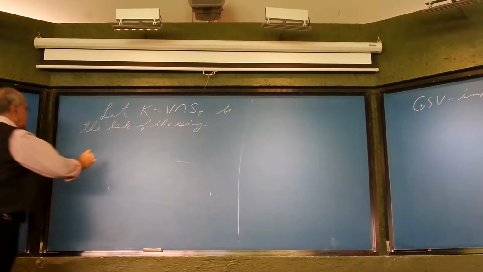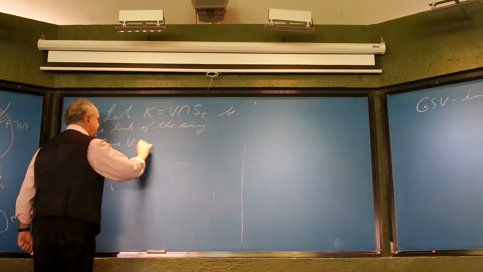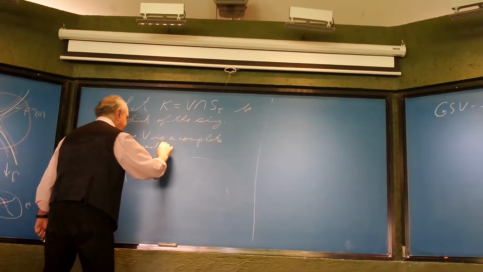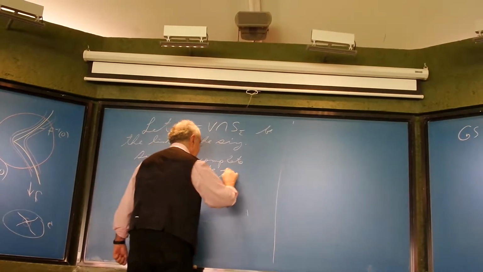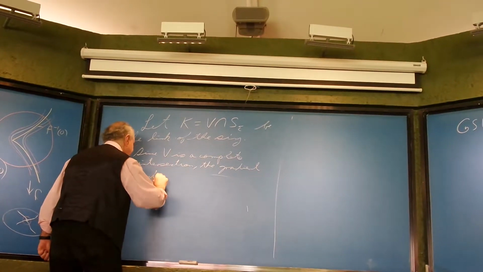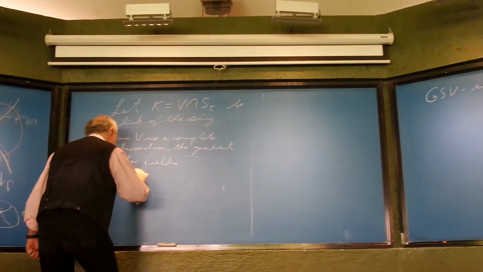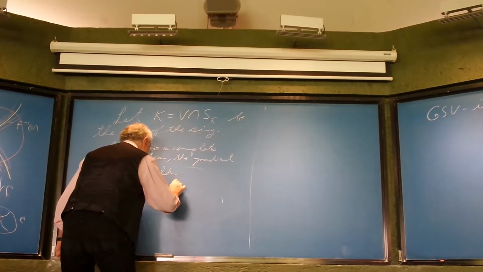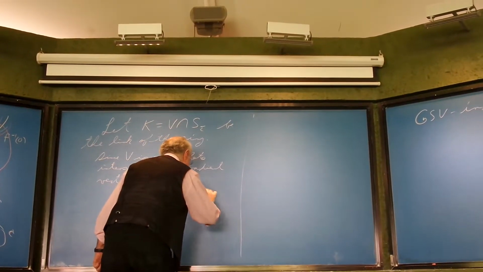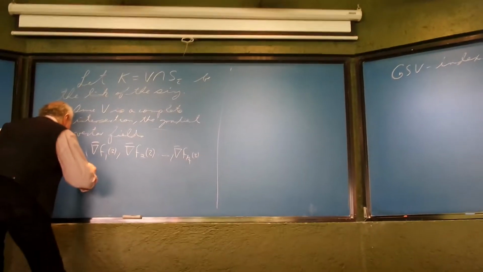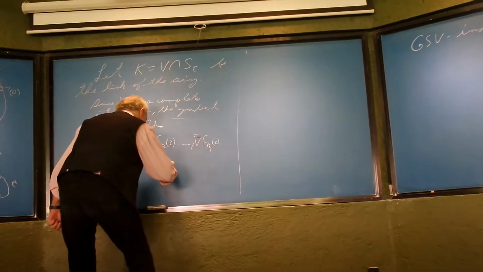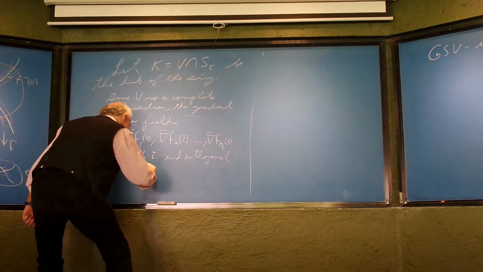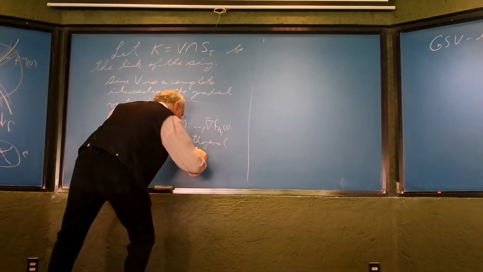Now, notice that since V is a complete intersection, the gradient vector fields, gradient of F1, gradient of F2, up to gradient of Fk, are all linearly independent and orthogonal to V at each point in the link.